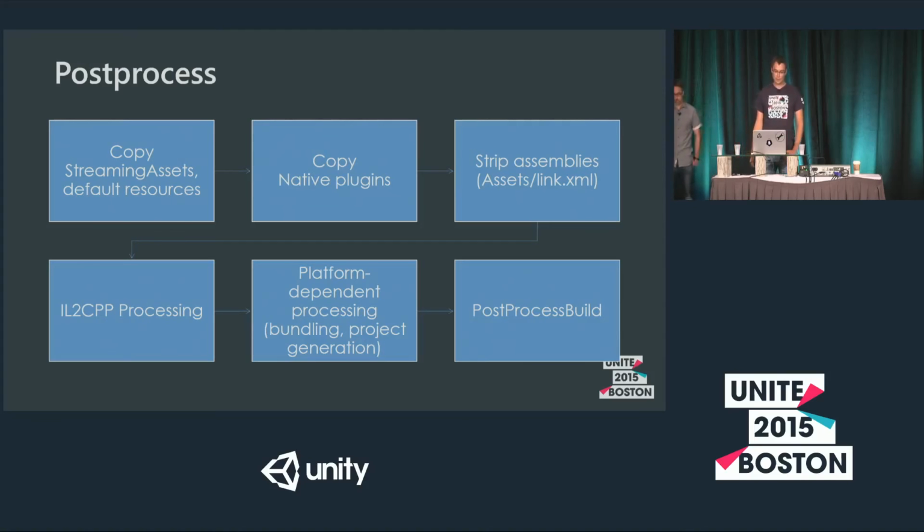To avoid this, we recommend you use a link.xml file to specify scripts you want to leave in your game and which shouldn't be stripped. You can also include a dummy fake scene in the build which has components from the systems you want to have alive in your game, like just a scene with a collider or nav mesh agent if you want to use them in asset bundles.